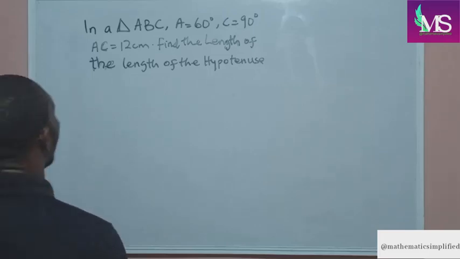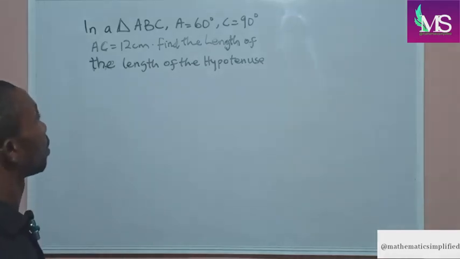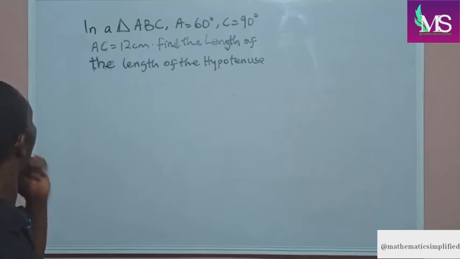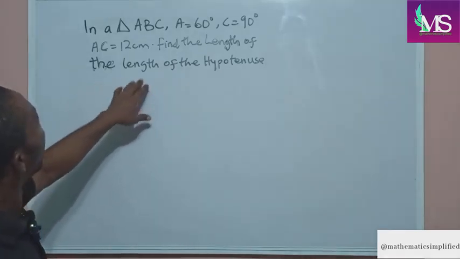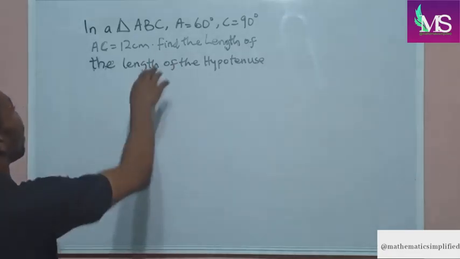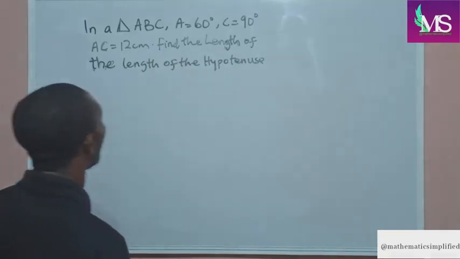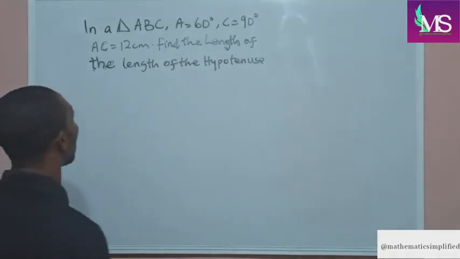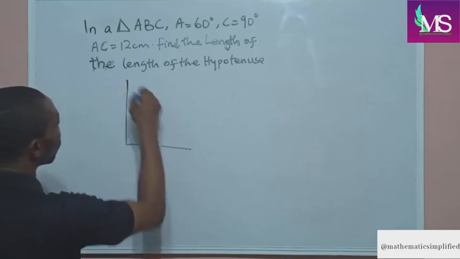In a triangle ABC, A is 60 degrees, C is 90 degrees, AC is 12. Find the length of the hypotenuse. Okay, now in finding the length of the hypotenuse, let's represent our diagram.